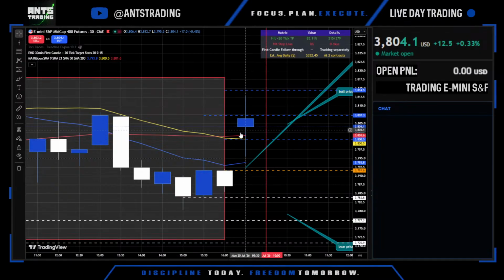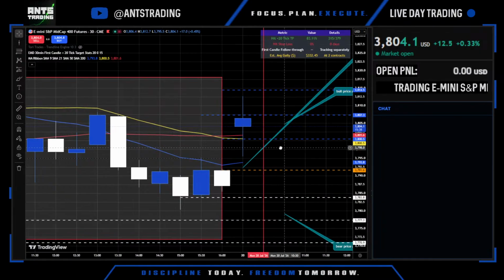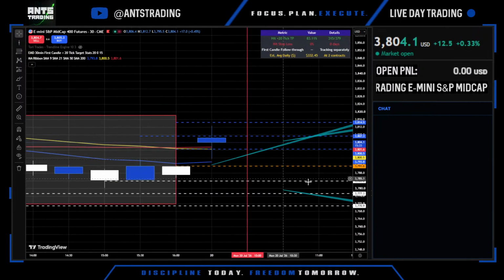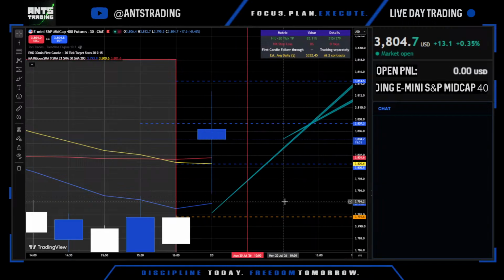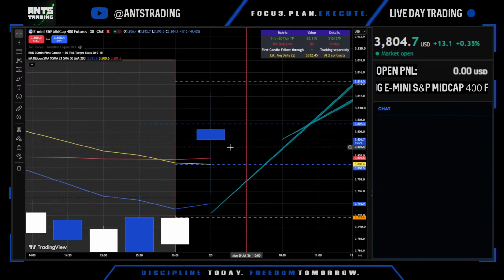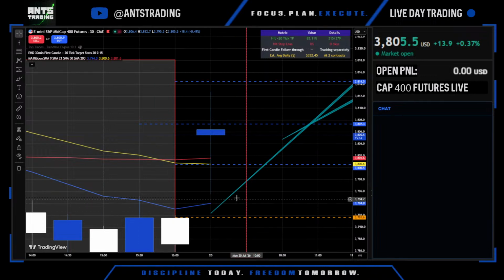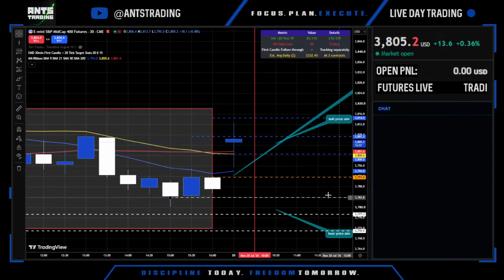The blue will go up first before any of the other colors. Whenever this candle closes, let's say at this blue line, it's going to open at the blue line. From this bottom blue EMA line, it could go not straight up, but up a decent amount on the incline here.